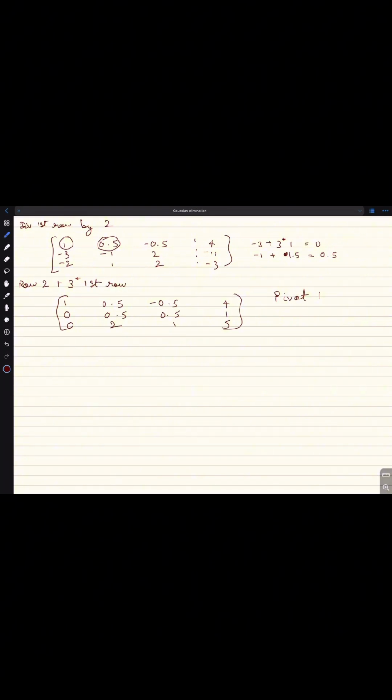Next, you want to get everything below this diagonal to be 0. So next you want 2 to become 0. So that's why repeat what you did here, but now divide the second row by 2 to normalize it. So that makes it, this first row remains the same, but the second row is divided by 2, and the third row remains the same.